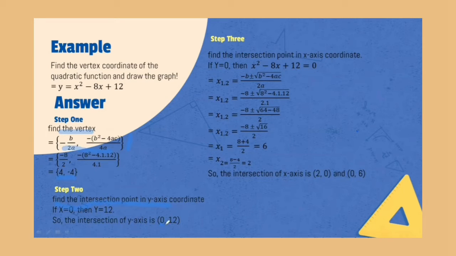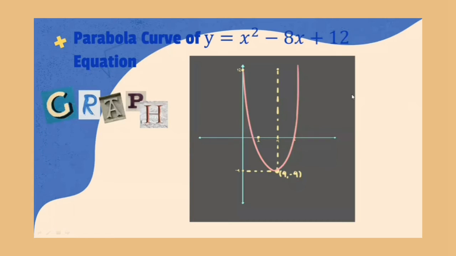Step 3 is to find the intersection points on the x-axis, and the result is 2 and 0, and then 0 and 6. Here is the parabola curve of y equals x squared minus 8x plus 12. As you can see, the parabola opens upward, and the vertex is on the lowest point.